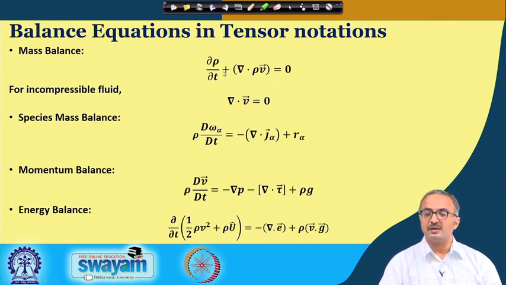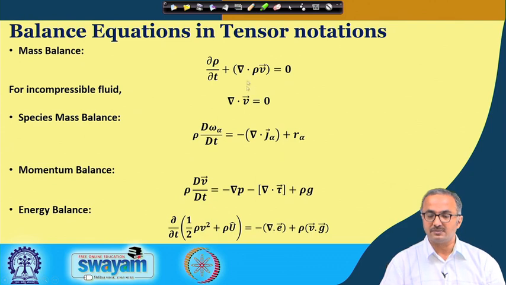That means the density is within the differential. Now, in case of incompressible fluid, we find the density to be constant. So, this particular term goes to 0, and we will be left with only nabla dot V, because rho will also come out of this nabla operator.